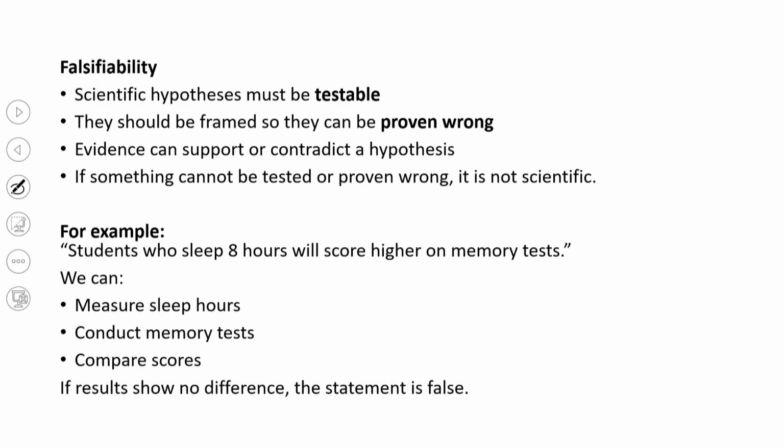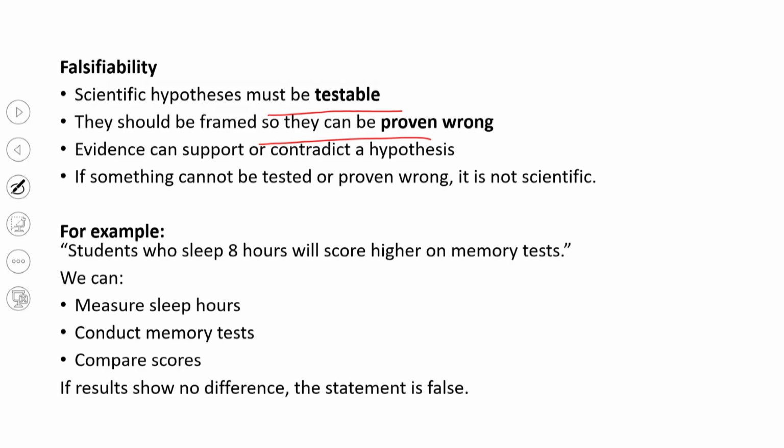Related to testability, there is another concept called falsifiability, which is connected to replicability. Falsifiability means a scientific hypothesis must be testable. What is the meaning of something being testable? You can use a certain process and test it out. Now, it should be framed in such a way that it can be proven wrong and also proven correct.